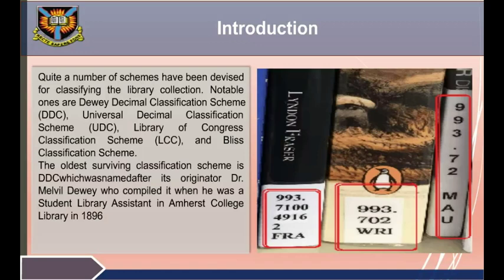The oldest surviving classification scheme is DDC, which was named after its originator, Dr. Melville Dewey, who compiled it when he was a student library assistant in Amherst College Library in 1896.